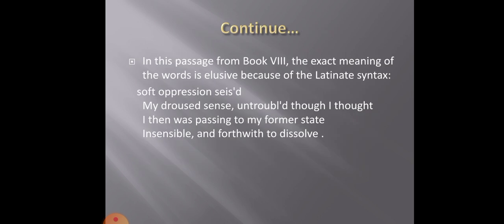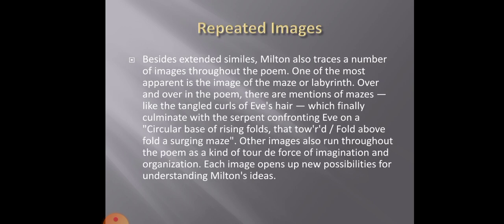So, in this passage from Book 8, the exact meaning of the words is elusive because of the Latinate syntax: "Soft oppression ceased. My drowsed sense untroubled, though I thought I then was passing to my former state insensible and forthwith to dissolve." And then we can see a lot of repeated images there.